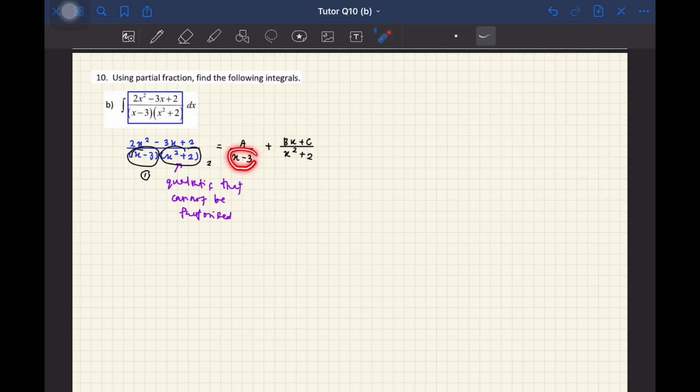Kalau bawah ni ada x minus 3 square, let's say, atas dia pun still akan jadi constant. But when you have your denominator as quadratic that cannot be factorized, the numerator must be bx plus c. Dia mesti dalam bentuk linear. So tak kisahlah cx plus d, fx plus e ke, asalkan dia dalam bentuk linear. So I put a note dekat sini: bahagian atas ni dia mesti linear.